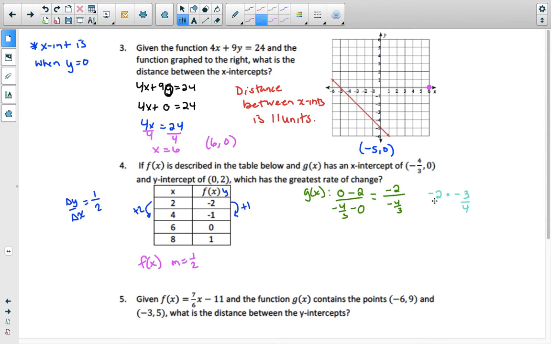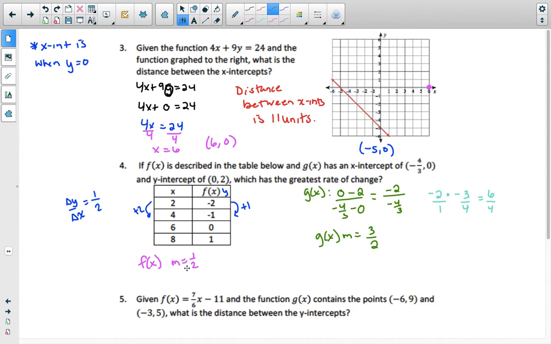So -2 is really over 1 now. So -2 times -3 is +6. 1 times 4 is +4. So our g of x slope becomes +3/2, which is 1.5.